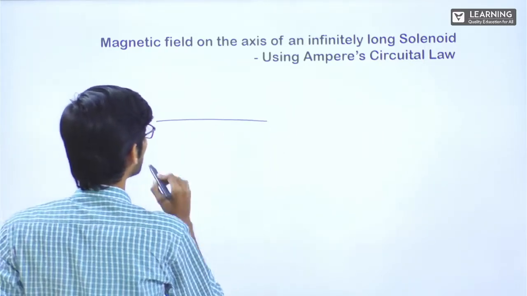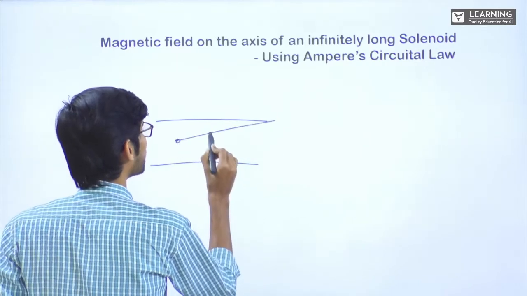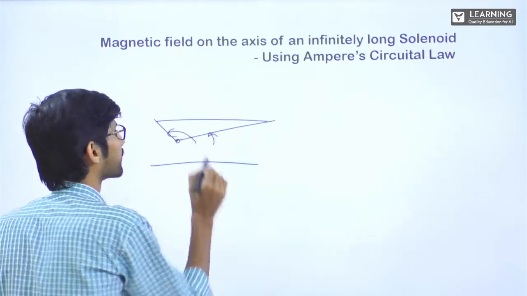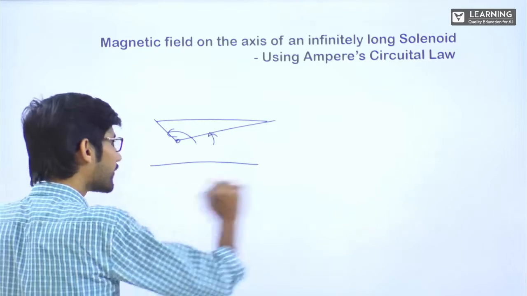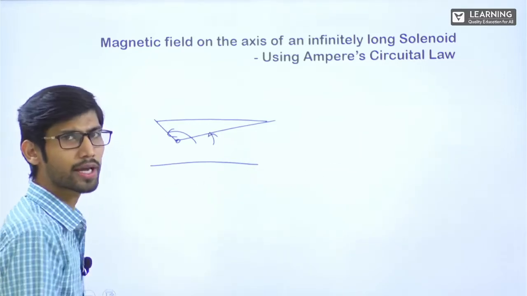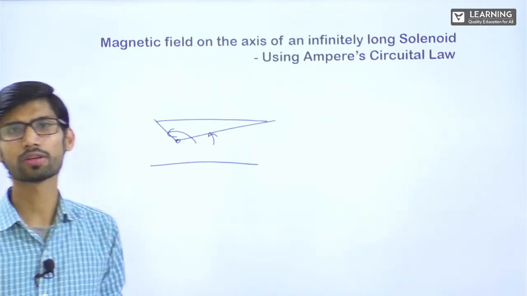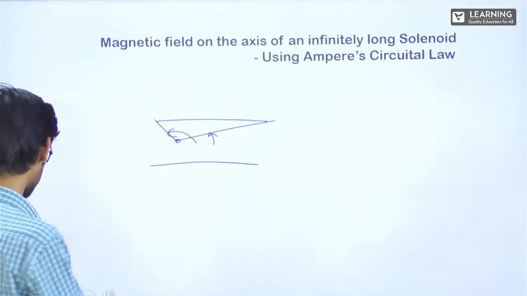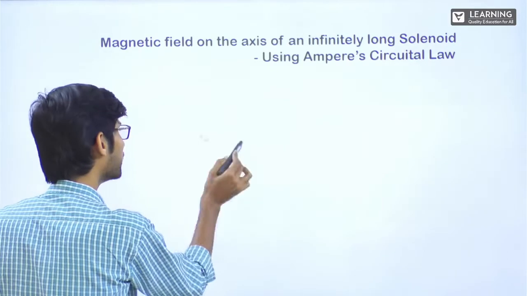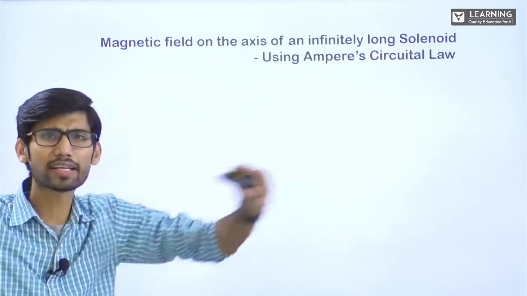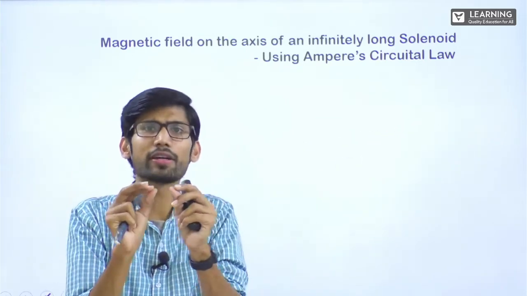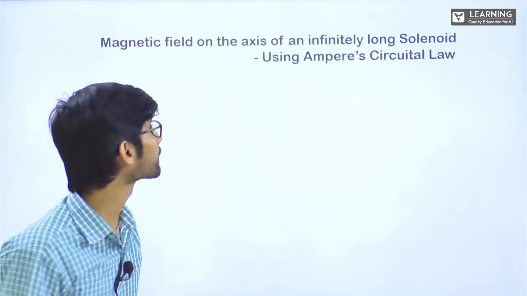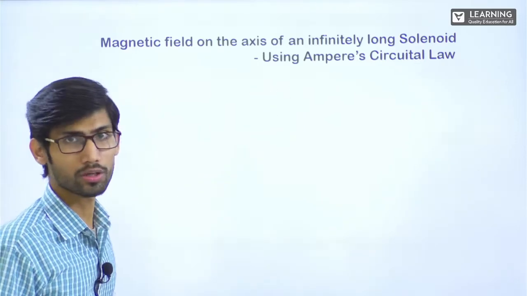If I take a point here, this angle will be different, this angle will be different. But for an infinite solenoid, I can take P anywhere. Both angles will be 0 degrees and 180 degrees, correct? Since it is infinitely long, I can take this point anywhere, and it will come at the center only. Fine. So using Ampere's Circuital Law, we are going to derive it.